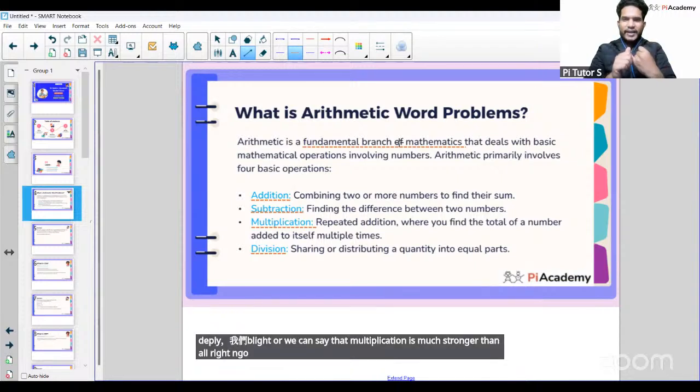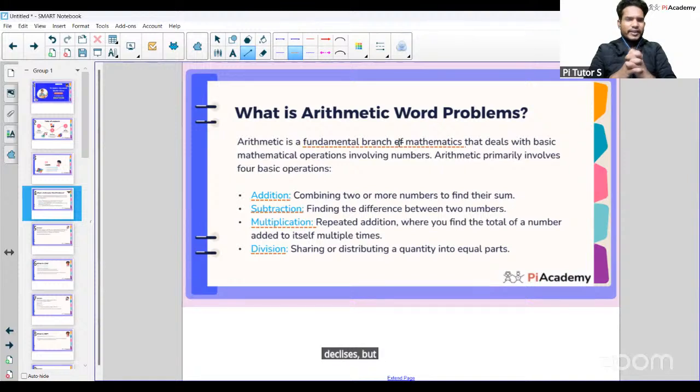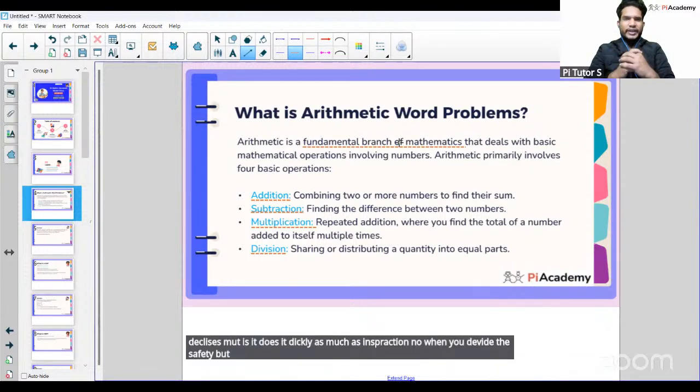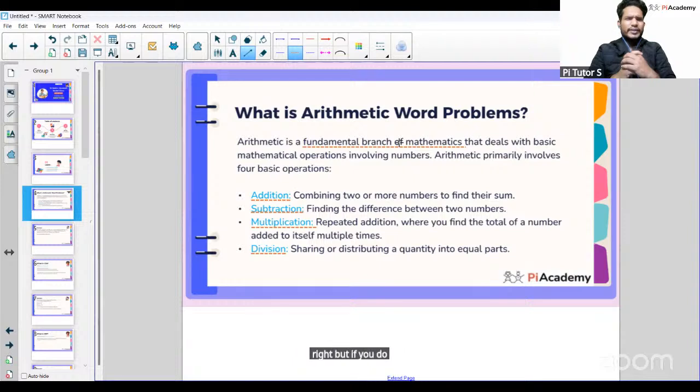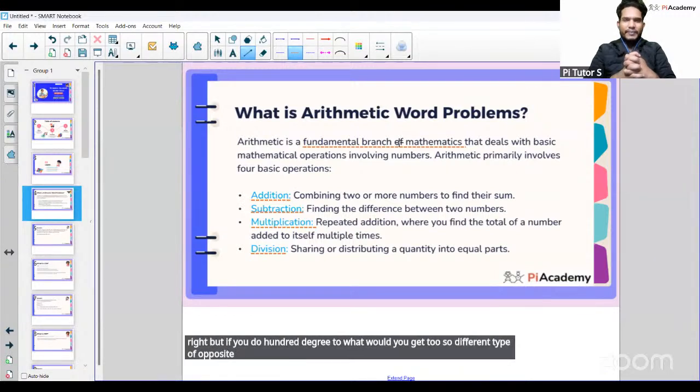And when you divide, numbers decrease. But does it decrease as much as in subtraction? No. Let's say if you divide 100 by 2, what would you get? 50, right? But if you do 100 take away 2, what would you get? 98, isn't it? So these are all just different types of operations which we have in maths.